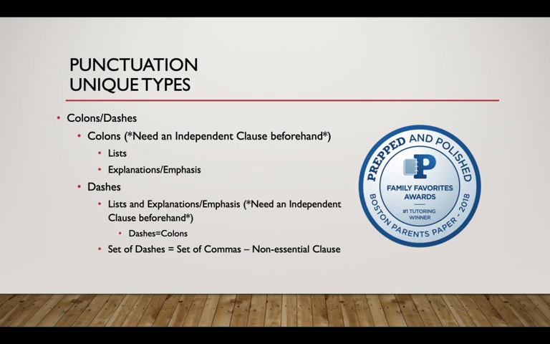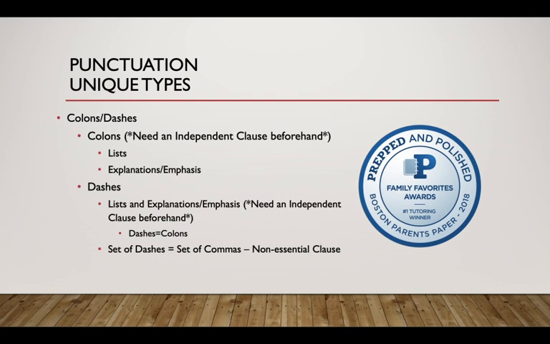The one thing many students forget is that before a colon, you need an independent clause that can stand on its own. We'll talk about this with a couple of examples. You need to make sure you're able to leave the sentence as is and then add on the colon.